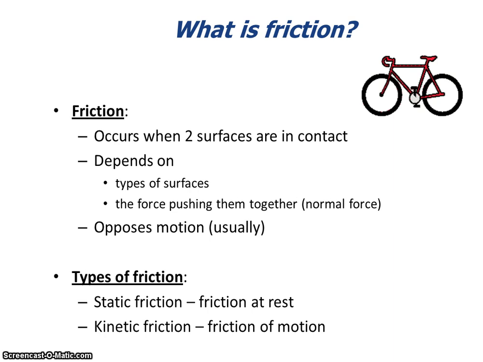The two types of friction that we're going to deal with most are static friction, which is the friction between an object that is at rest, and kinetic friction, which is the friction between an object that's moving across a surface.